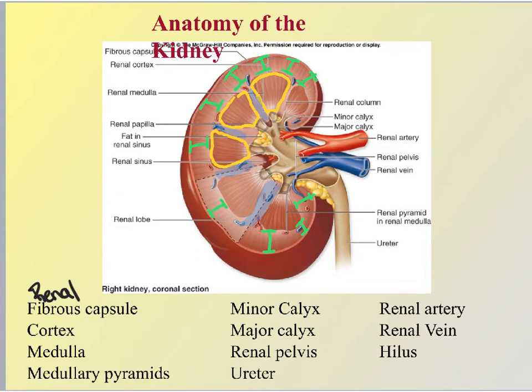Calyces is plural, calyx is singular. So this is going to be the first spot where urine drips into. Essentially, and I'll just use one marker and then I'll erase it here in a second, urine is being produced by structures in the cortex and structures in the medulla.